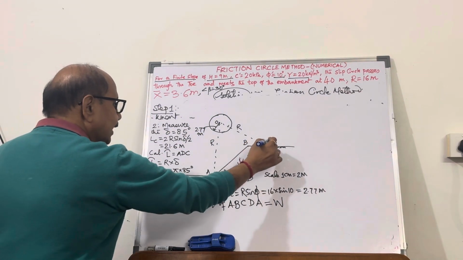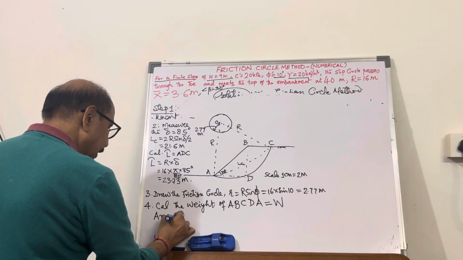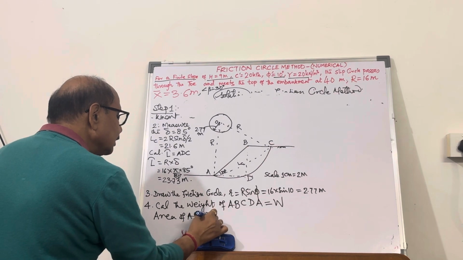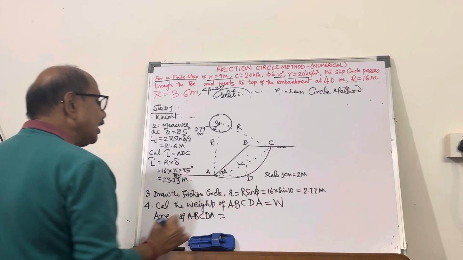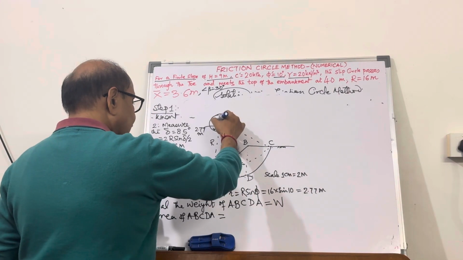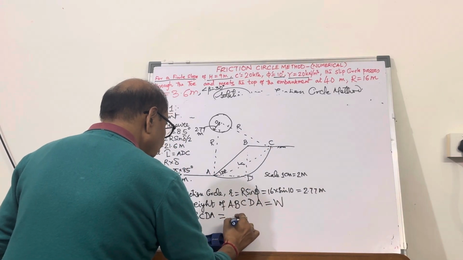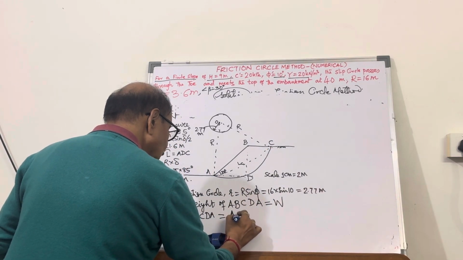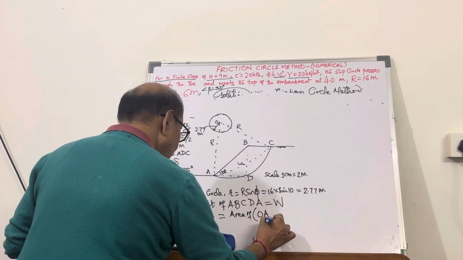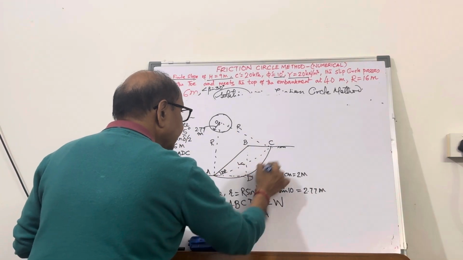So how will you get the area? The complete area. So the area of A, B, C, D, A is quite simple. First of all, you consider the complete sector OADC. So the area of OADC.